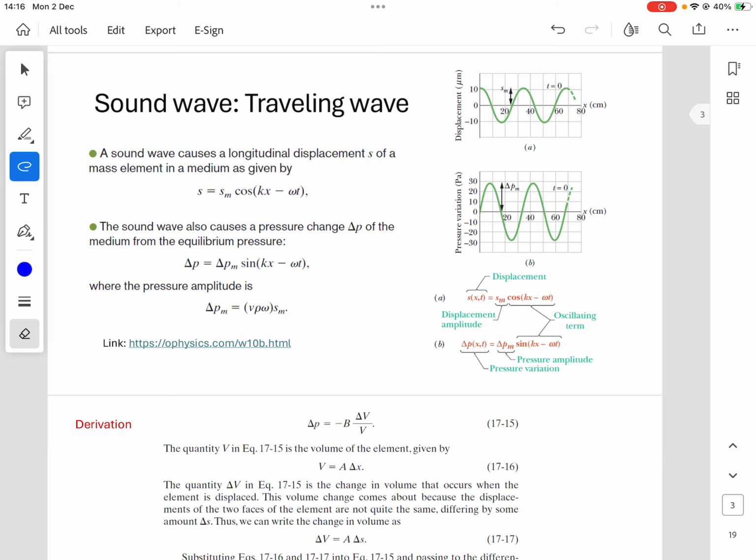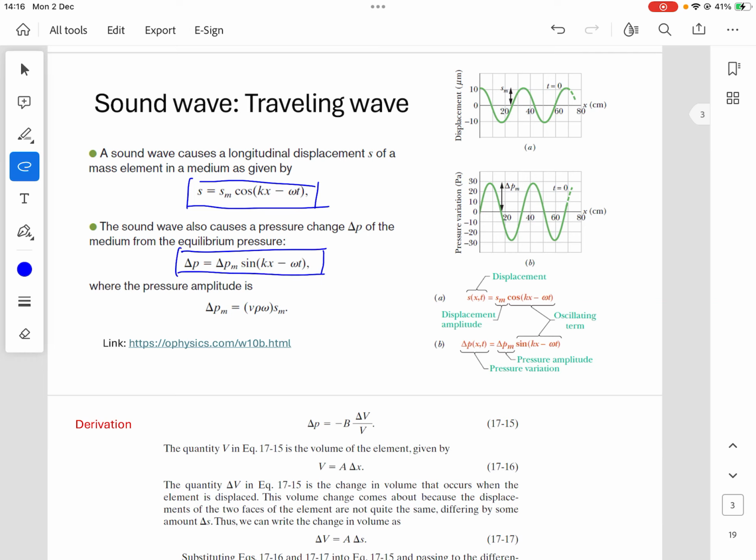But a special thing for the sound wave is that you can write the wave function in the form of displacement, or let's say displacement function, or change in the pressure, or pressure change function.